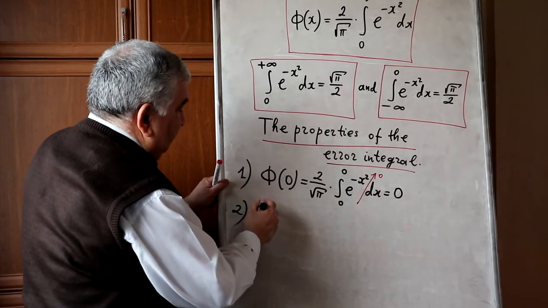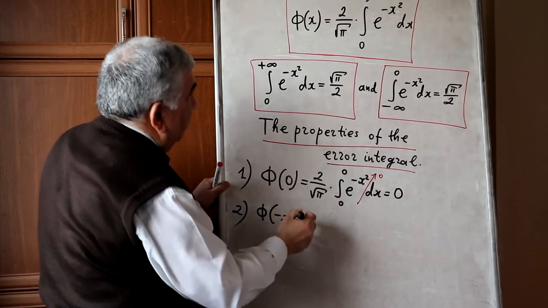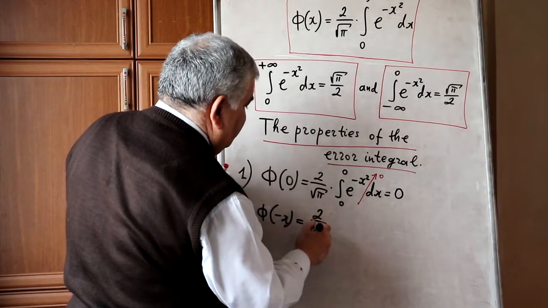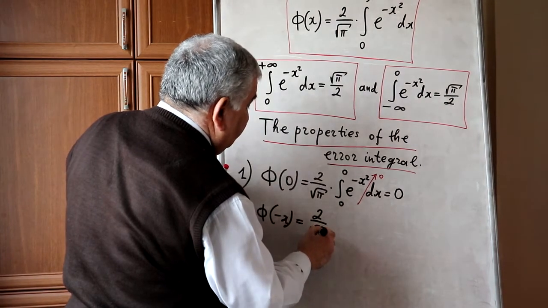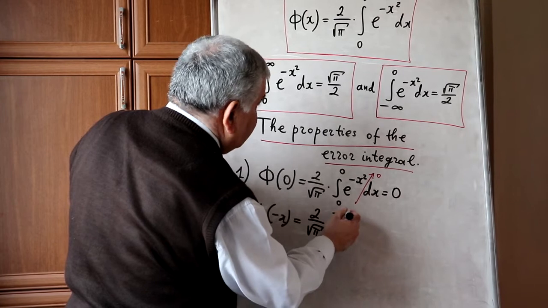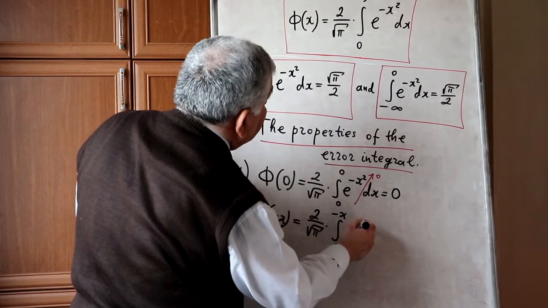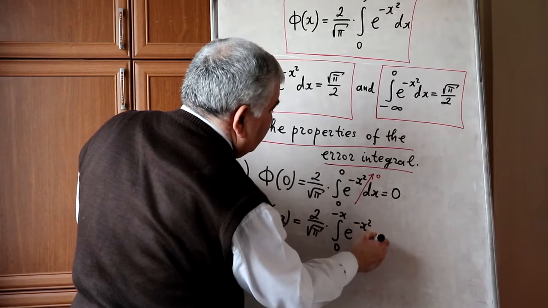Then phi of minus x equals 2 over square root of pi multiplied by the integral from 0 to minus x of e raised to minus x squared dx.